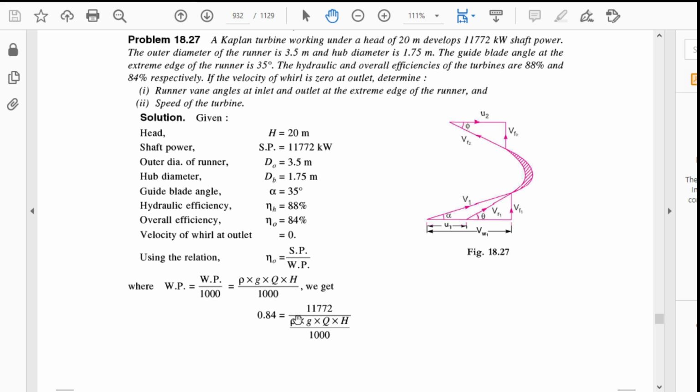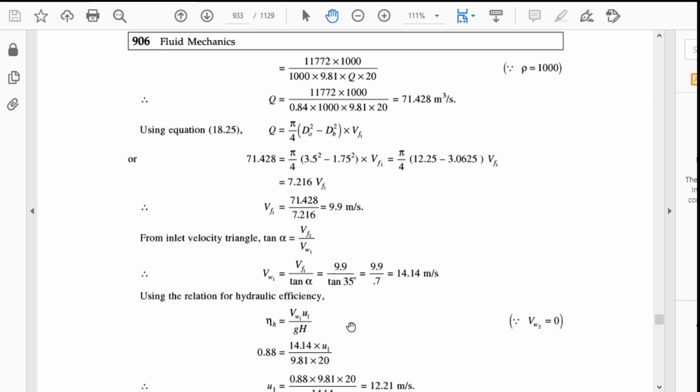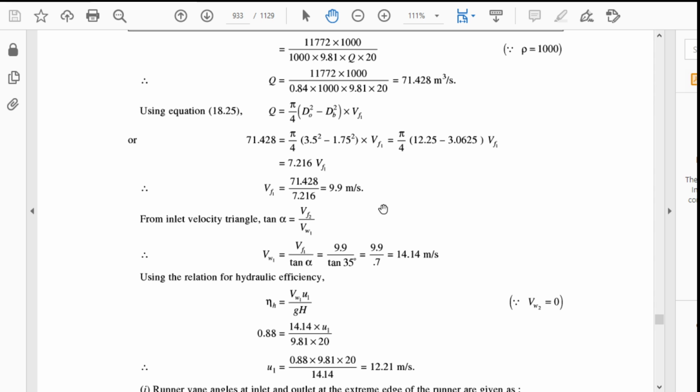Here the overall efficiency is known, which is 84%, shaft power is given, and the head is given. So substitute all the values and you will get the discharge as 71.428 meter cube per second.